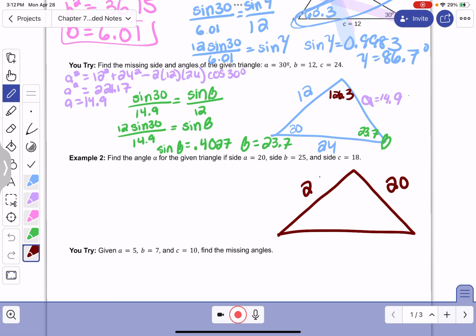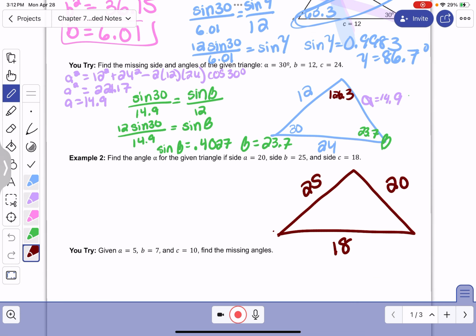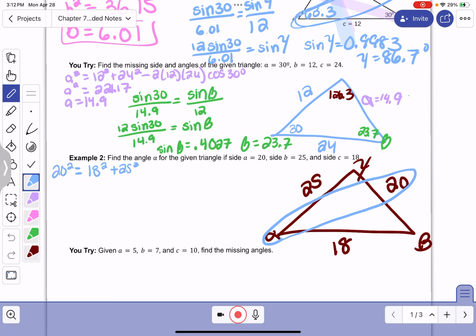So if we know the three sides, and we're going to call this alpha, beta, gamma again. So let's say we're going to try to find alpha first. So if this is the pair we're going to find first, 20 is going to be alone. So 20 squared equals 18 squared plus 25 squared minus 2 times 18 times 25 times cosine alpha.